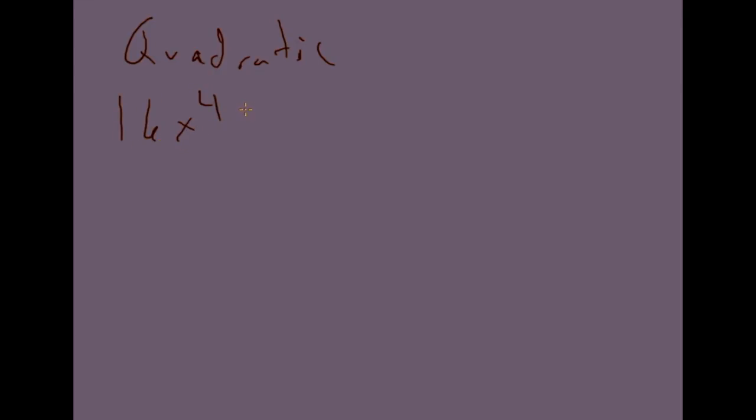Okay, so 16x to the fourth minus 1. A good way to look at this is when you have, this looks like a perfect square, right? It's very similar. So you have a 4x squared, right? That's going to be equal to 16x to the fourth.